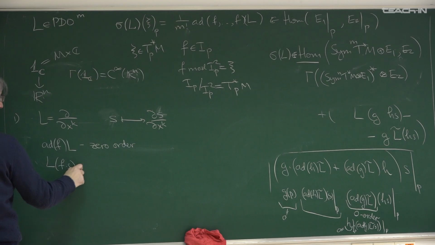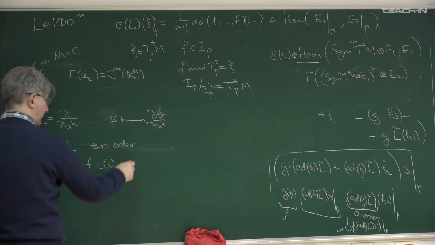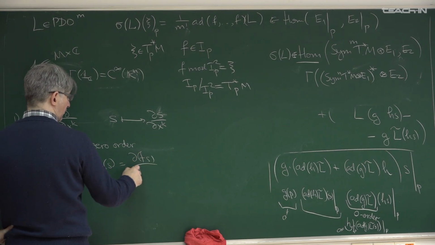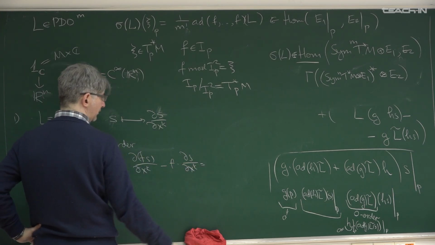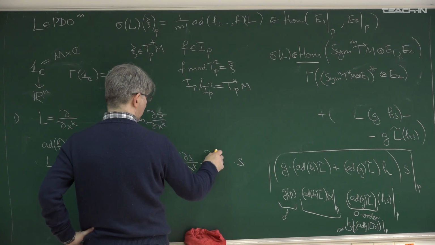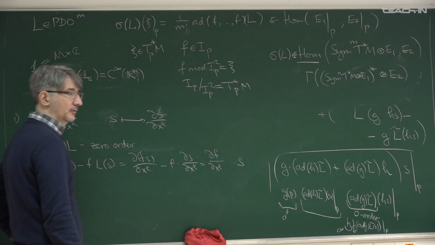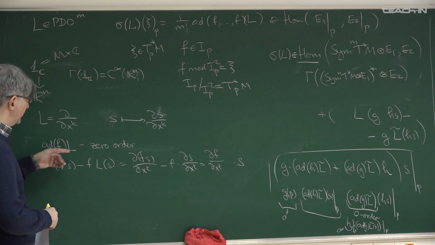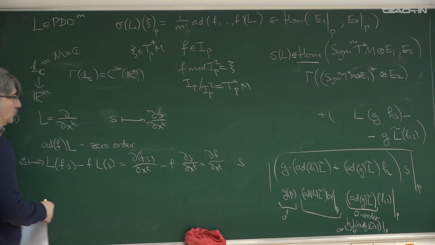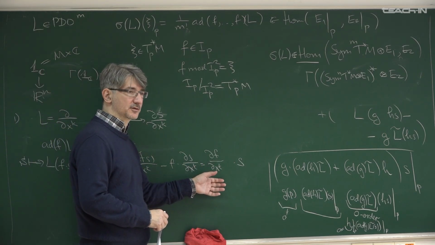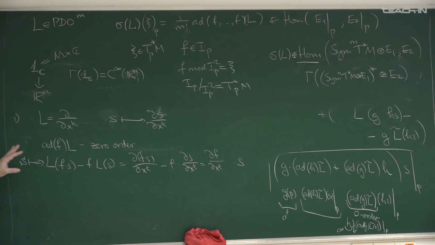L f s minus f L s is d(fs) along xk minus f ds along xk, and you see that it is just the product of the section by some function. So this operator is of zero order because it sends a section to the product of the section by a function. So it is a C infinity linear operator. So no problem, it's an operator of zero order.